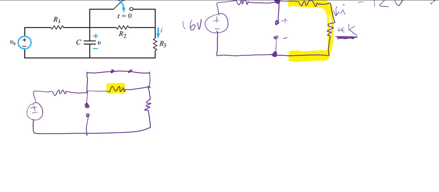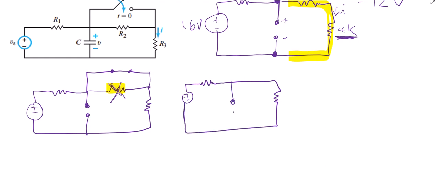Yeah, it shorts it out. So we can pretend like it's not even there. It kind of looks funny here, but this is the same as if we had it looking like this. Drawing it a little differently.